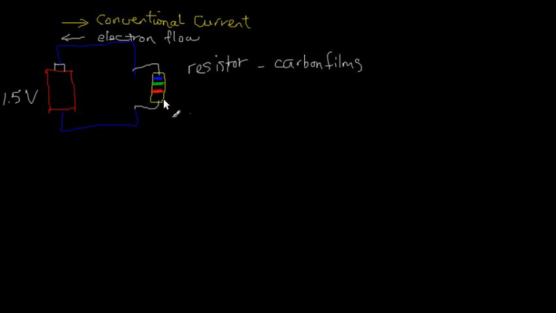So these resistors have thin films of carbon inside, adjusted to different shapes and sizes to provide some specific values of resistance. They're usually quite small and cheap, at least for those that are made from carbon films.